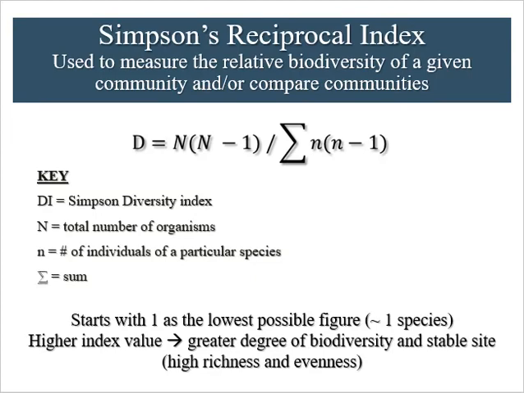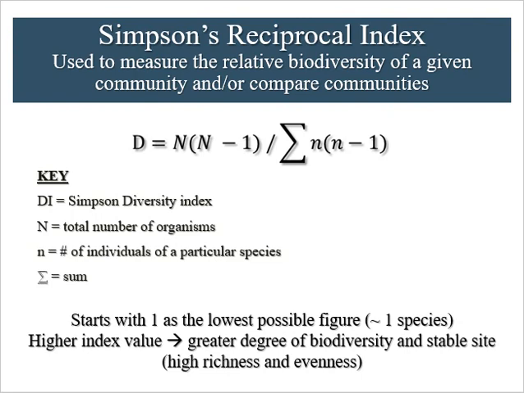So there's low richness, low evenness. And your index value can change. So it's not going to remain constant. It may change in response to an ecological disturbance, which could range from any sort of anthropogenic activity to natural disasters.